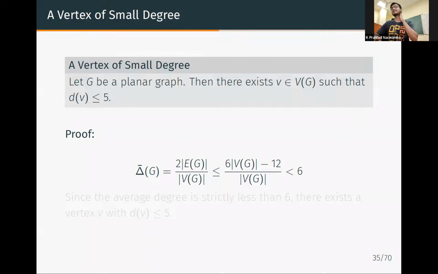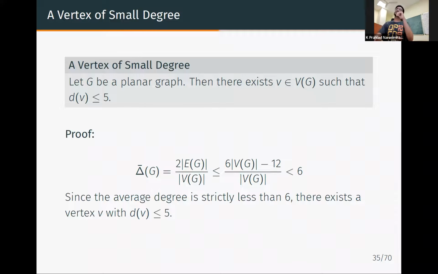And this is strictly less than 6, right? Here the number of vertices cancels out, minus some small number. So this means that the average degree is strictly less than 6. Since the average is strictly less than 6, at least one vertex must have degree strictly less than 6, therefore at most 5.